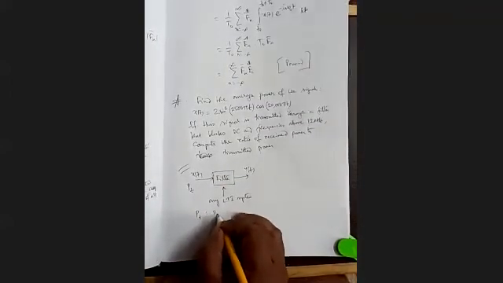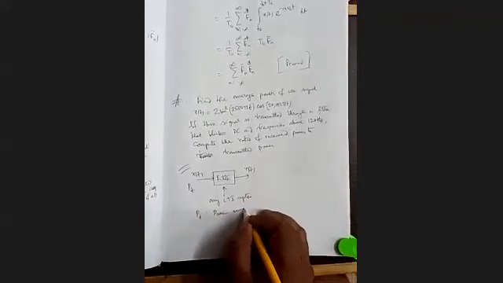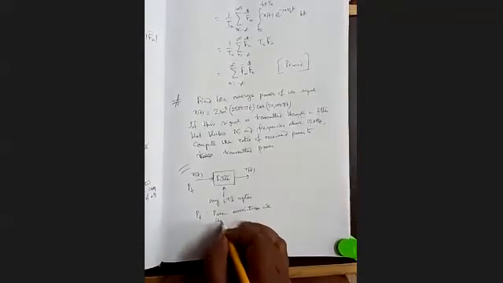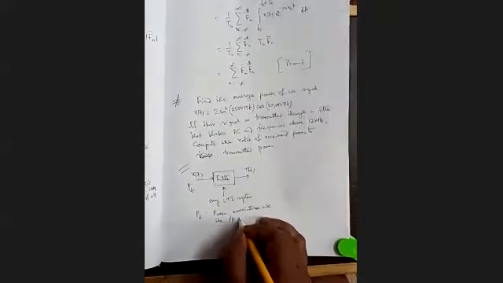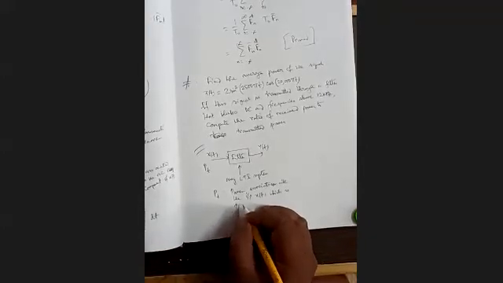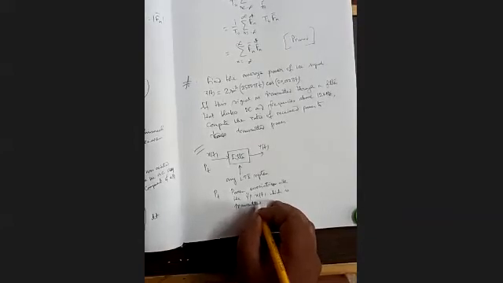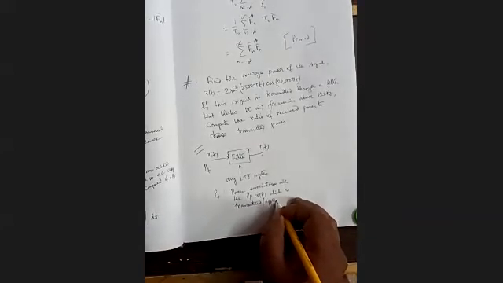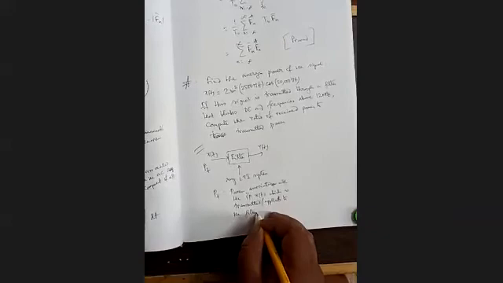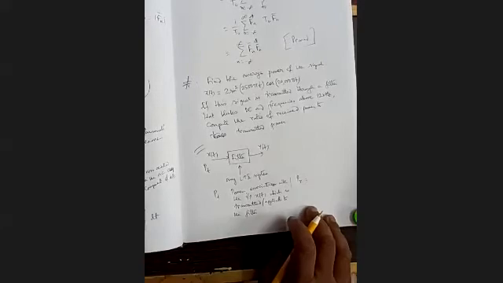PT is the power associated with the input xt, which is transmitted or applied to the filter. And what is PR?